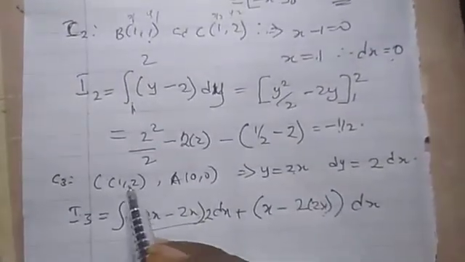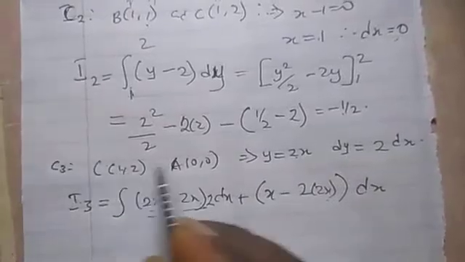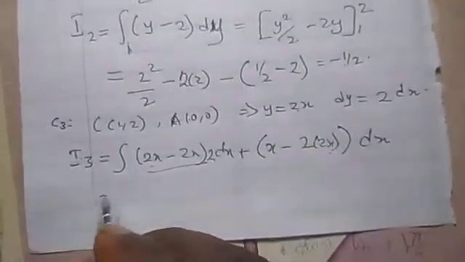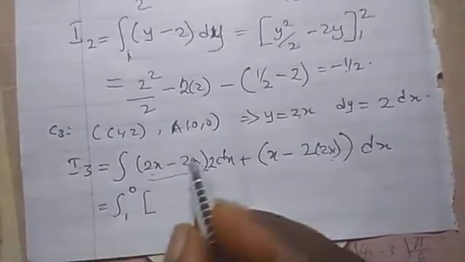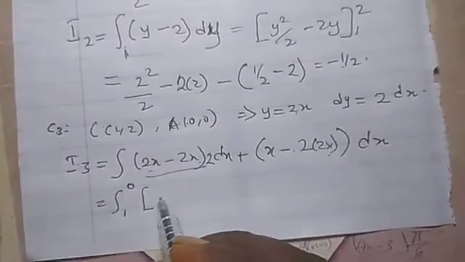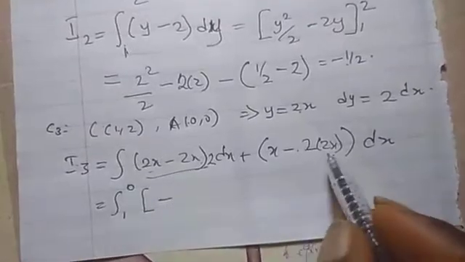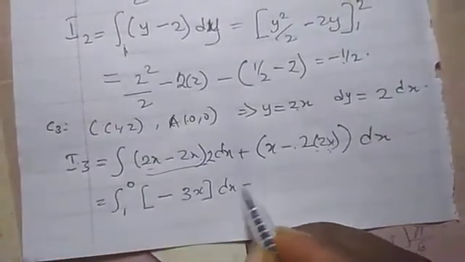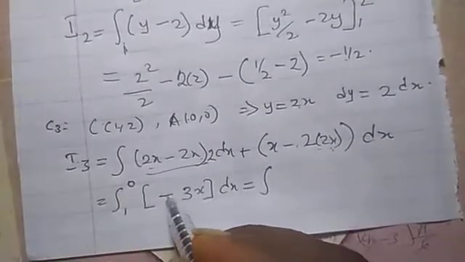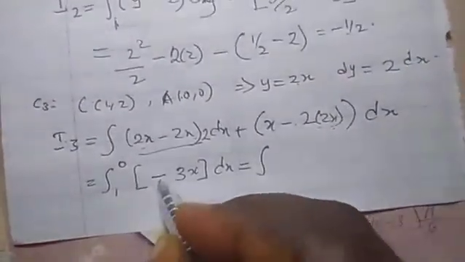So in that case, we have to use the boundary of x, that is 1 to 0. So this will give me 1 to 0. This is gone. It remains this. What we are going to have is 4x minus 3x dx, that is minus 3x dx. We can interchange this boundary. When we interchange this boundary, this minus will leave.